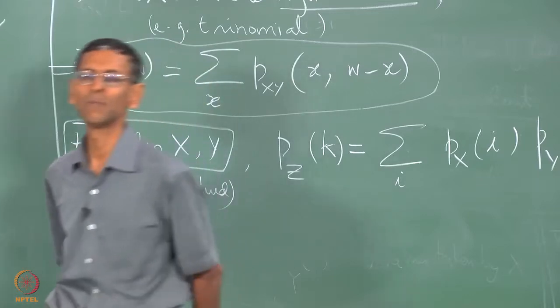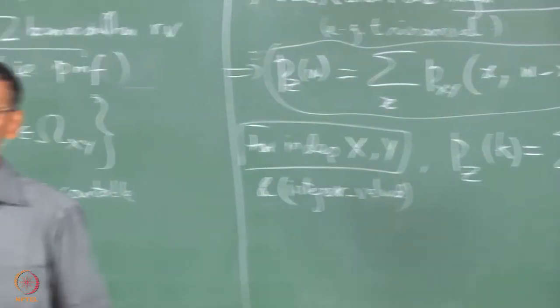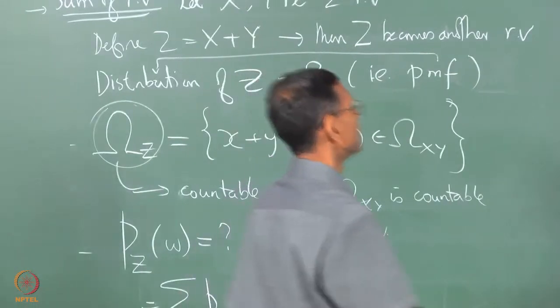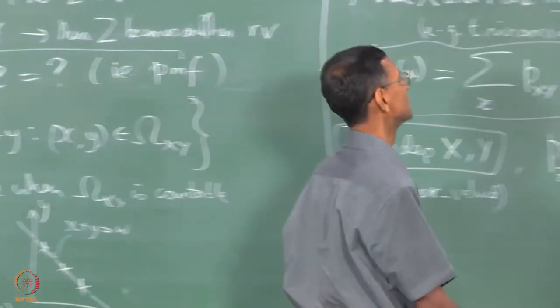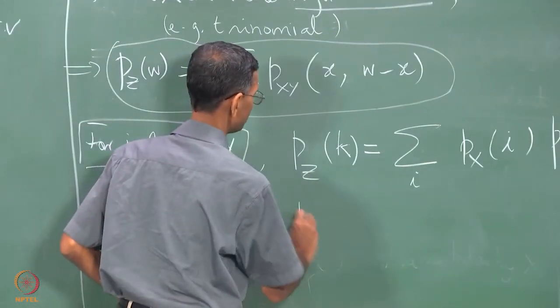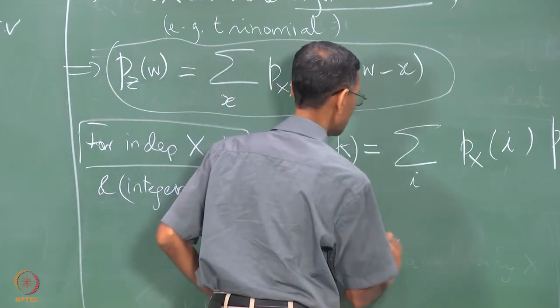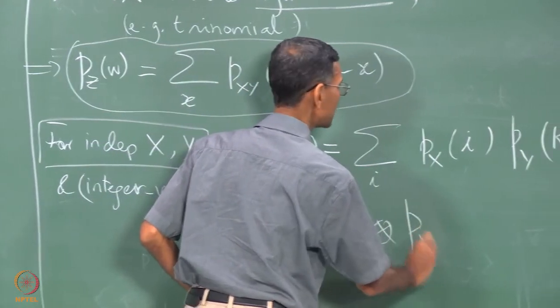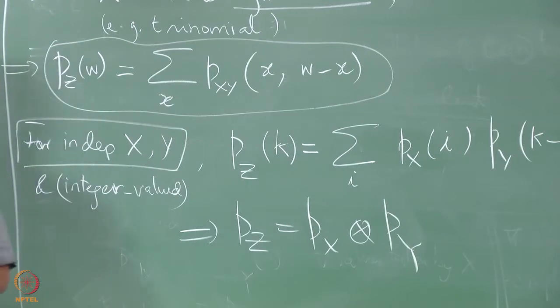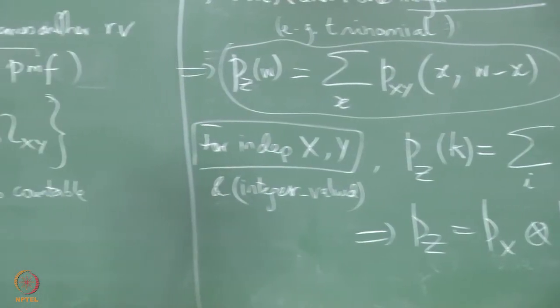Have you seen this kind of sum before? It becomes convolution, exactly. It's a discrete convolution of Px and Py. Note that the convolution is best written without any arguments.